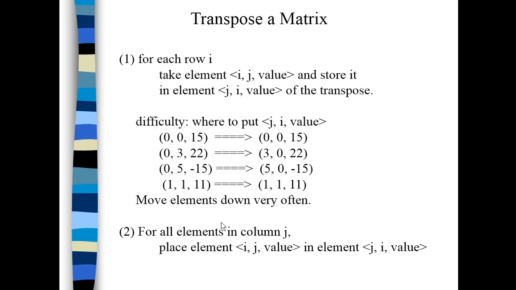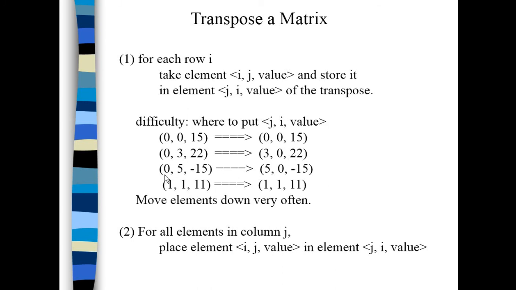When you want to find the transpose of a matrix, if in the ith row jth column we have stored a non-zero value, then in the jth row ith column that value will be stored. If 15 is stored in 0th row 0th column, then in the transpose matrix also the value will be in 0th row 0th column. In 0th row 3rd column 22 is there, so in the 3rd row 0th column the value will be stored.